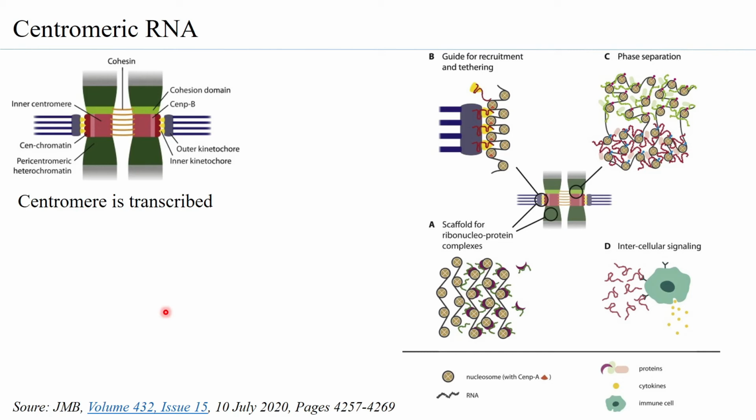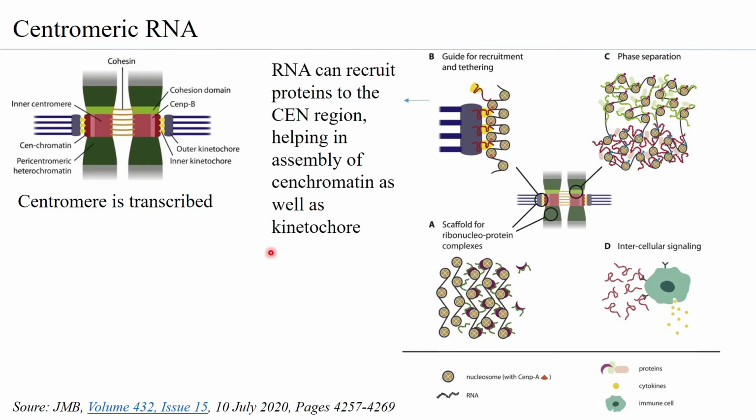But here what you observe is that within the centromere there are subdomains formed, and because there are subdomains formed, there are possibilities of certain centromeric DNA getting transcribed. And the RNA has a role to play in stabilizing the architecture of the centromere and also initiating the functioning of the centromere. So let us look at what functions the RNA can have.